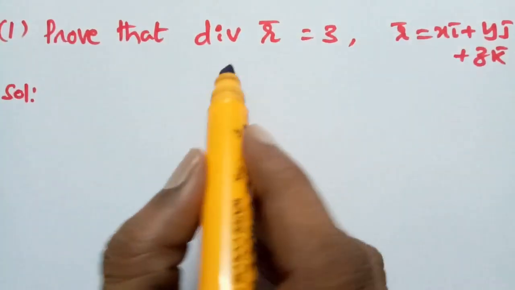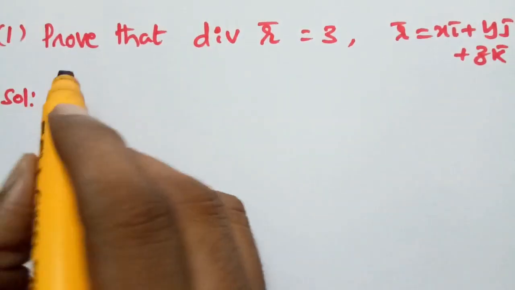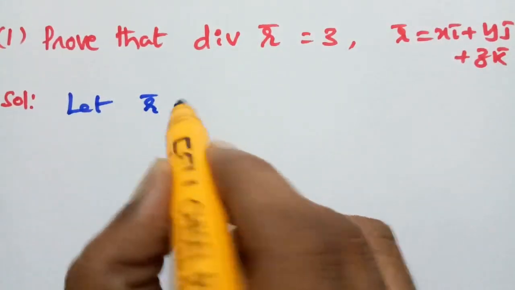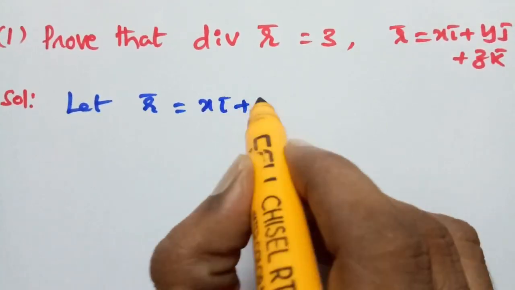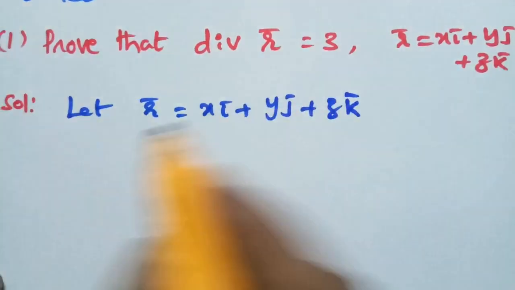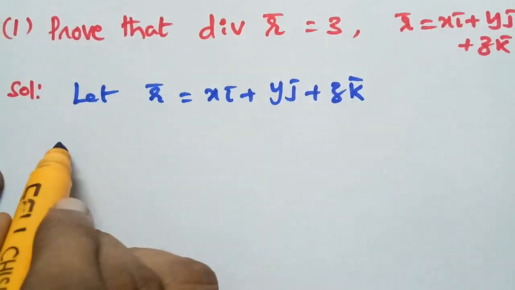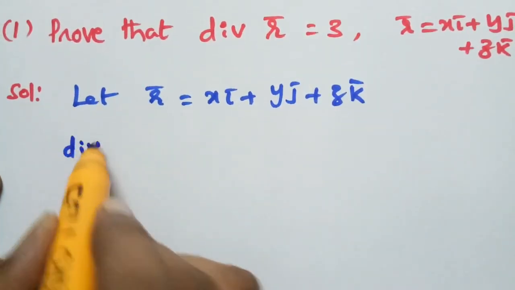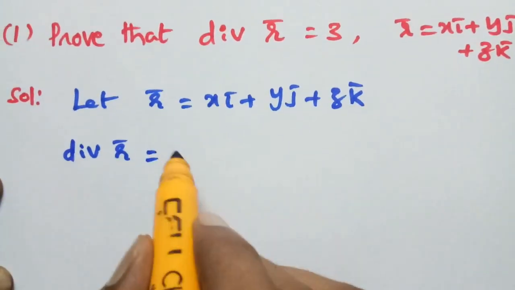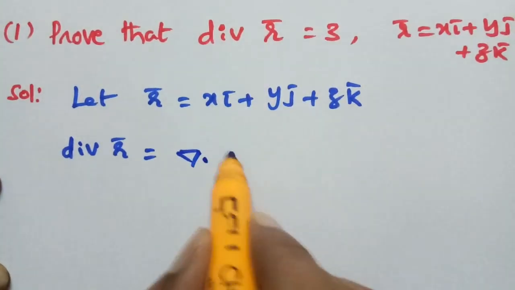Divergence of R bar, we have to prove that this is equal to 3. Now let R bar is equal to xi bar plus yj bar plus zk bar. Therefore, divergence of R bar by the definition is equal to del dot R bar.